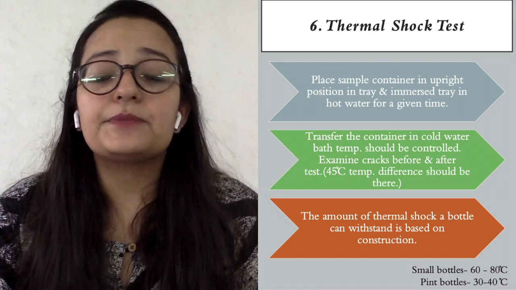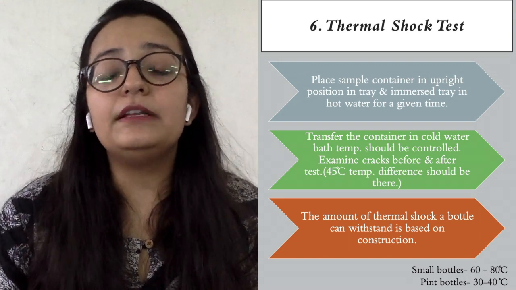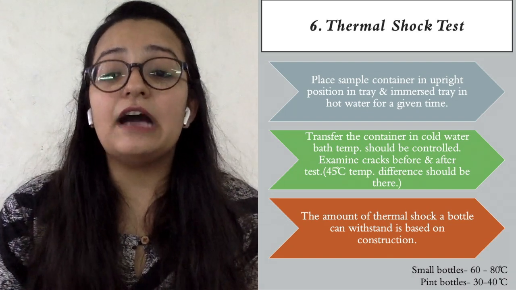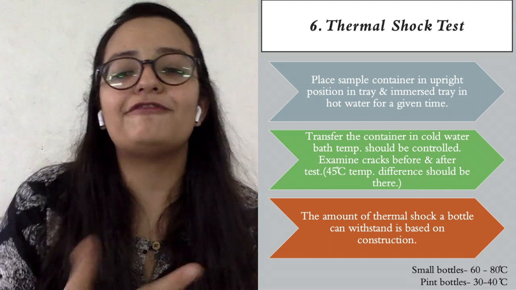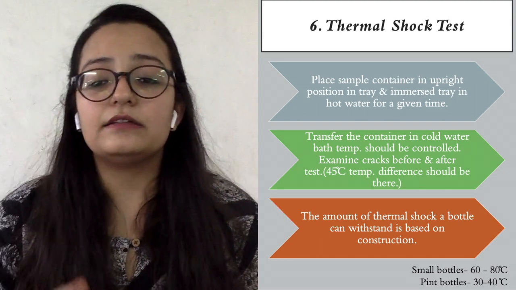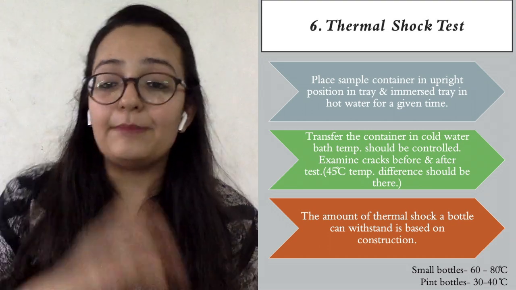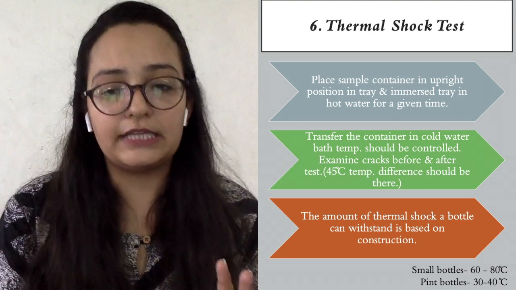Thermal shock test. In the thermal shock test, the sample is placed inside the container in an upright position in the tray and the tray is immersed in hot water for a given time. Transfer the container to a cold water bath. Temperature should be controlled and the container examined for cracks before and after the test.